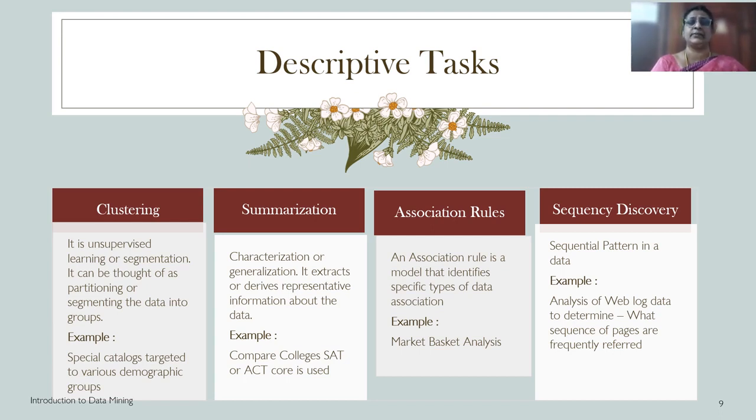The third one is association rules, a model that identifies a specific type of association between data. For example, when we go to a market, people who purchase bread may also purchase butter or cheese. Market basket analysis is an example of association rules.